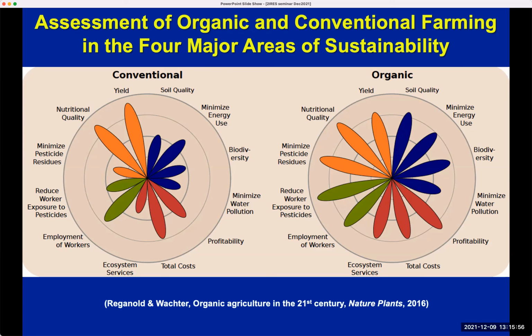So I'll repeat that. The question was, with this diagram that I showed, one of the people in the audience asked, how is it that the potential for profitability is greater for organic? That's actually a colleague of mine, Dave Crowder.